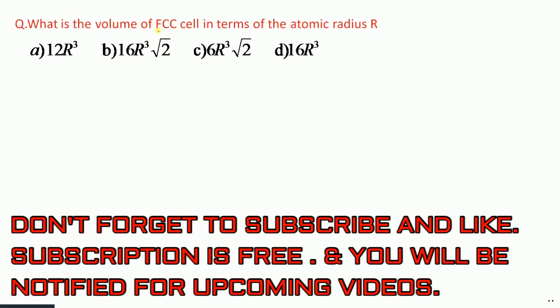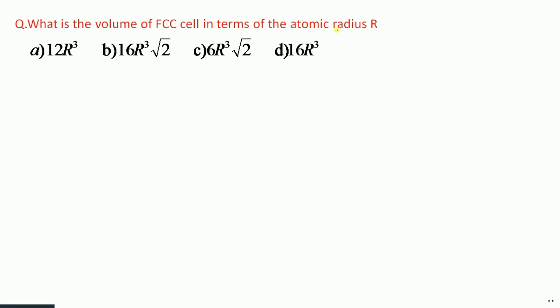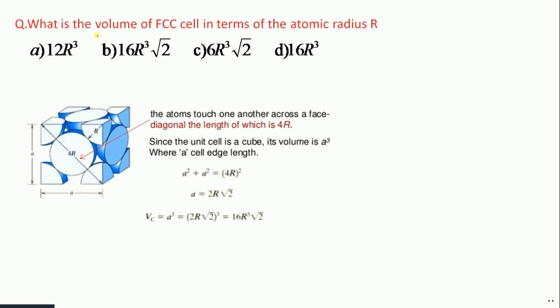What is the volume of an FCC cell in terms of atomic radius? 12 r cube, 16 r cube square root of 2, 6 r cube square root of 2, 16 r cube. Here the atoms touch, so we have to find the total volume of the FCC cell.